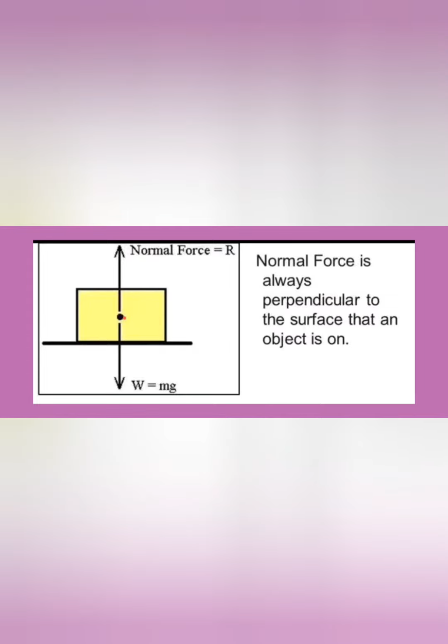The object exerts a downward force, that is W = mg, and the table exerts a normal reaction force upward, that is R. The normal force is always perpendicular to the surface that the object is on.